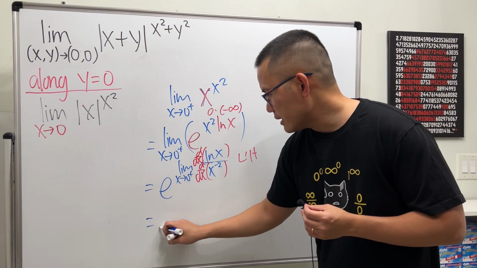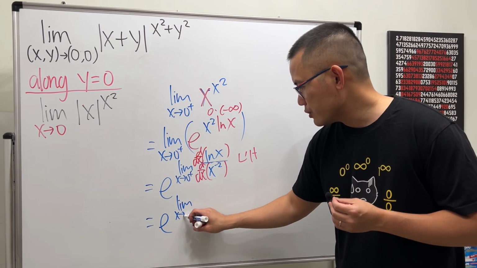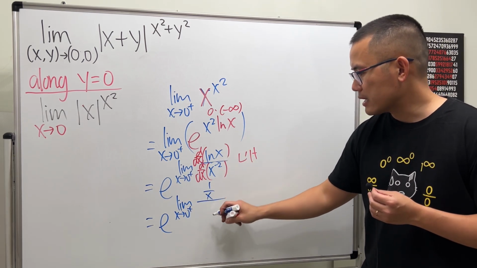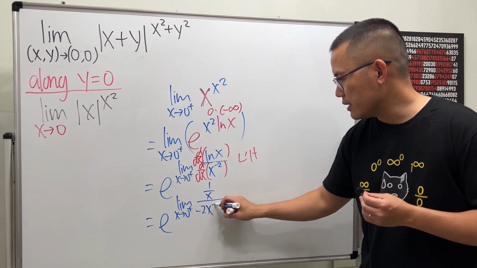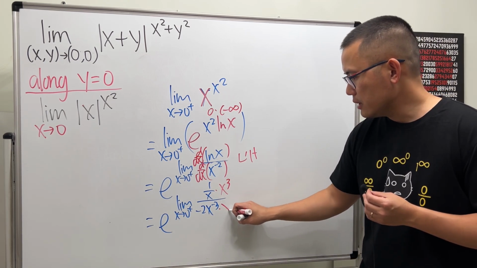So we are looking at e raised to the limit as x approaches 0 plus. On top, we get 1 over x. On the bottom is negative 2 x to the negative 3. Multiply the top and bottom by x to the third power.